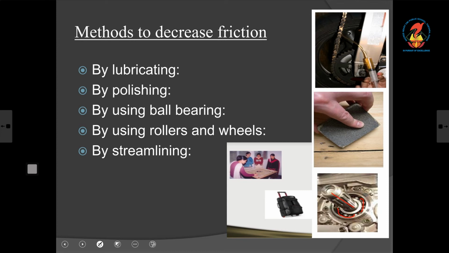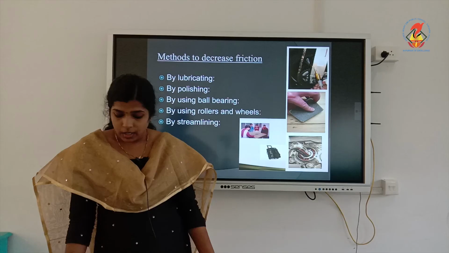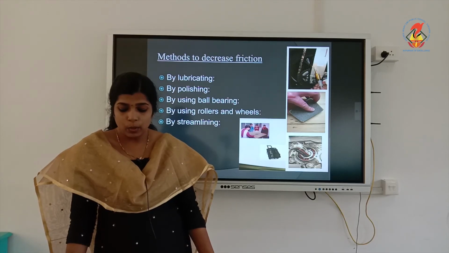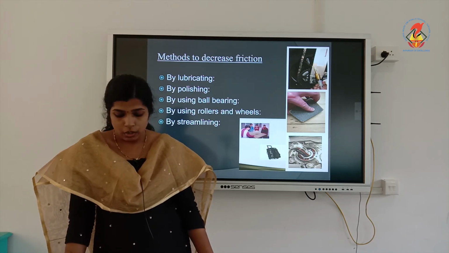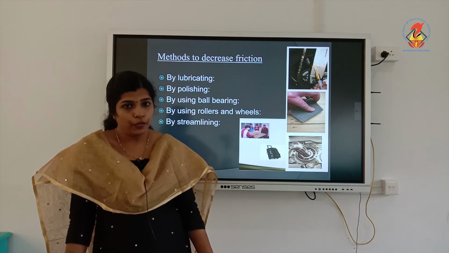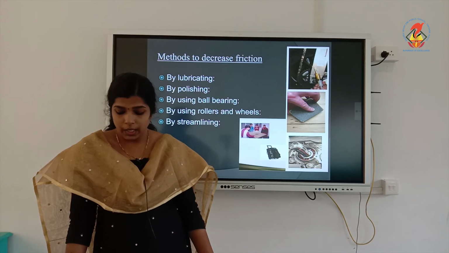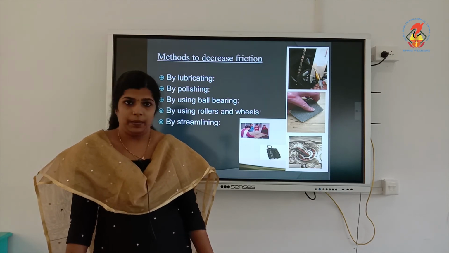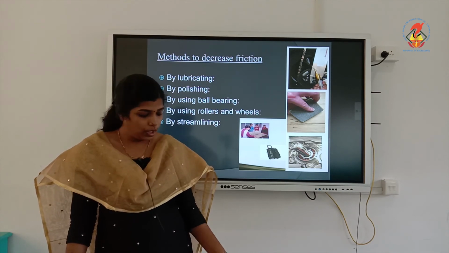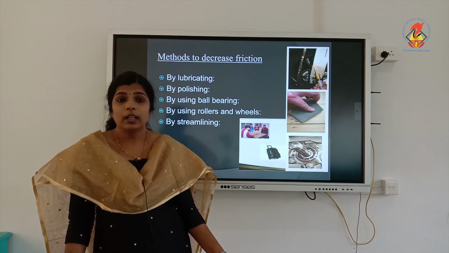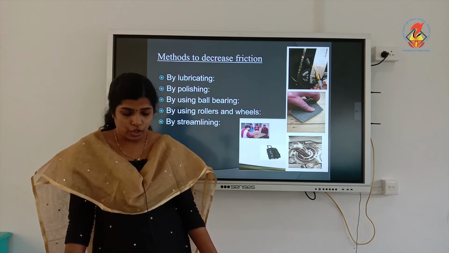Many heavy objects like big boxes are provided with small wheels, known as rollers, to reduce friction so that they can be carried easily by pulling. So, rolling reduces friction.